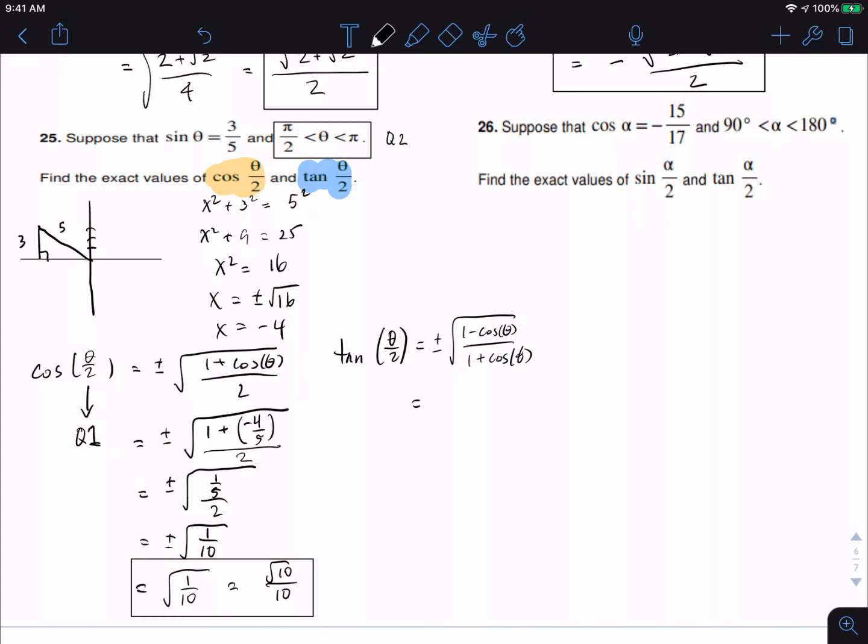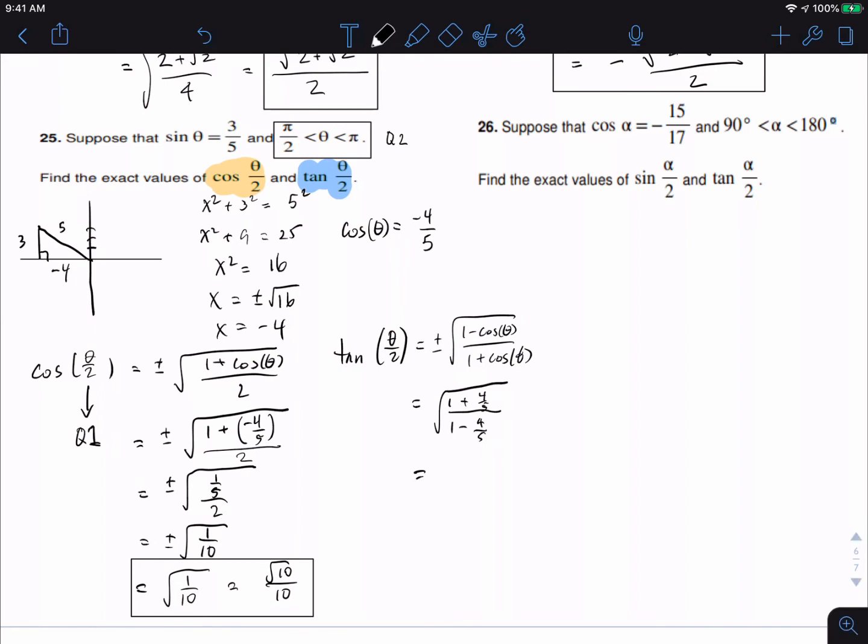And so since we have the positive case, it's going to be the square root of 1 plus 4 over 5 over 1 minus 4 over 5. And the reason I'm getting those numbers is because, again, remember, I'll just write it: cosine of theta is equal to a negative 4 over 5, because this is a negative 4 for the x distance.